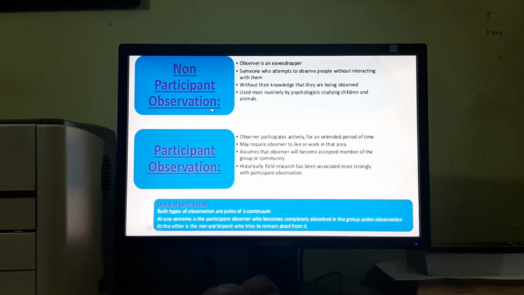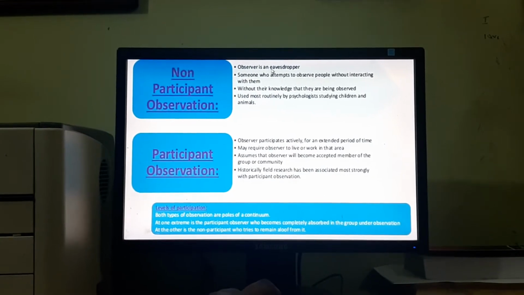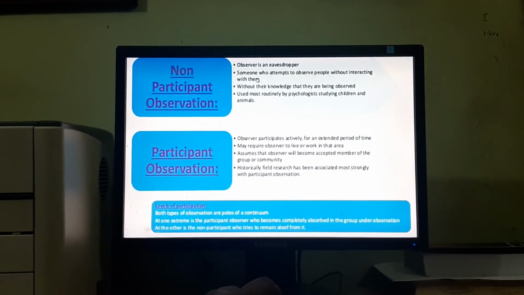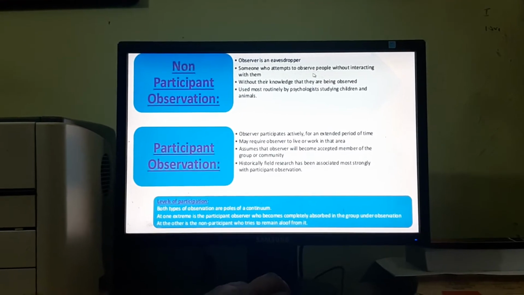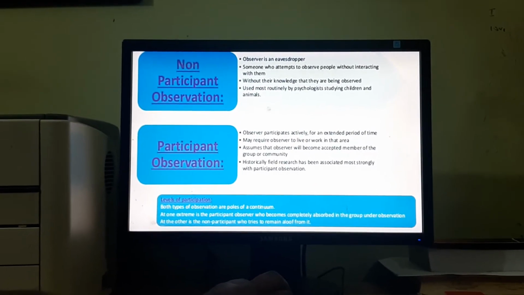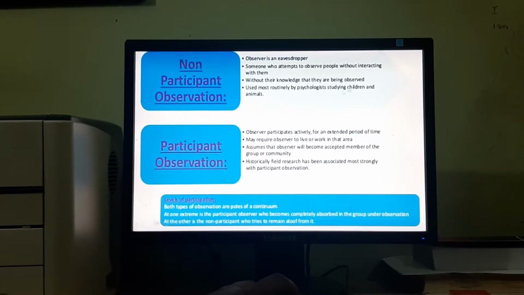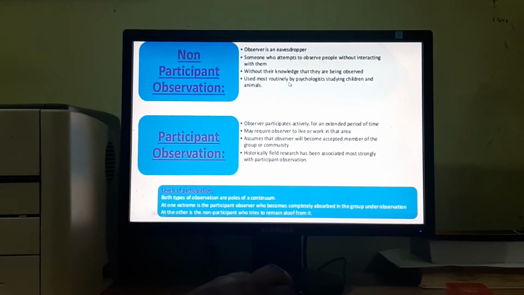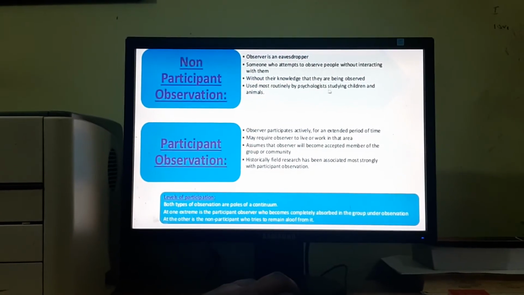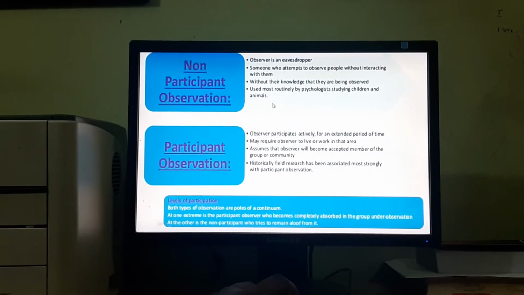In non-participant observation, the observer is an eavesdropper, someone who attempts to observe people without interacting with them, without their knowledge that they are being observed, and it is used most routinely by psychologists studying children and animals.